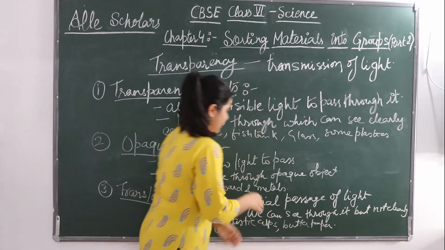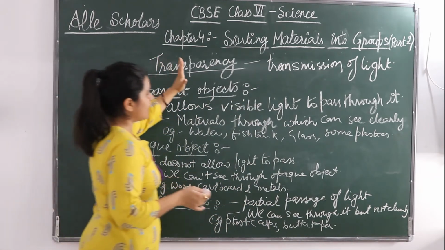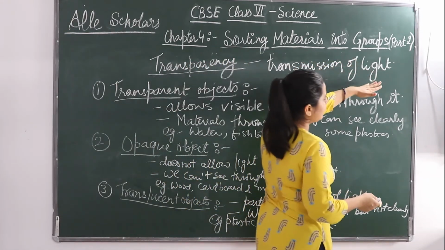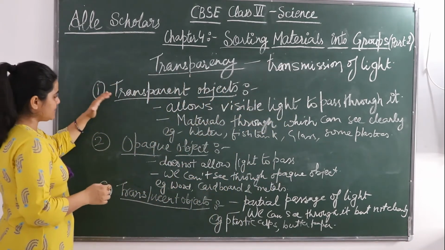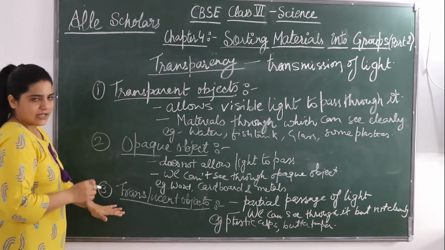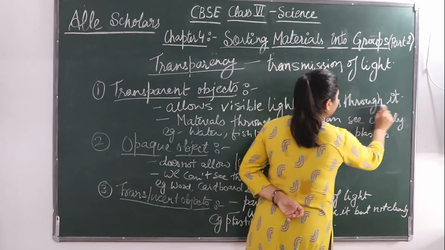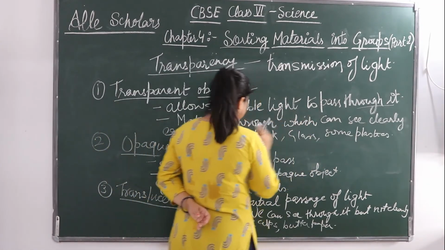So we have seen that on the basis of transparency, that is, on the basis of transmission of light, we can divide objects as transparent, opaque and translucent. Transparent allows visible light to pass through it fully, and materials can be seen clearly.